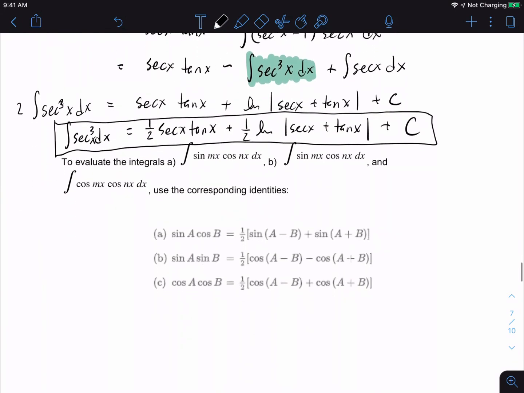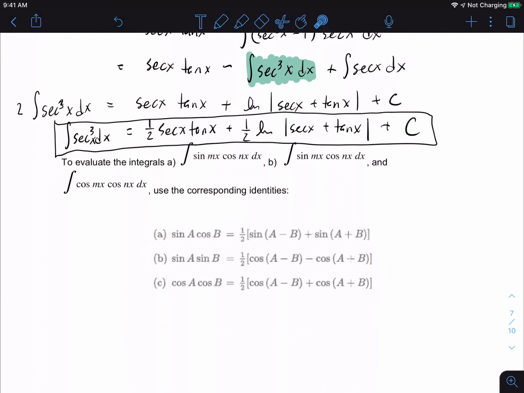Some trig that you need to know. If we have problems that are sine of some number times x times cosine of some other number times x dx, when we're integrating, we need to know how to break those up. And so to break those up, we need to know this trig.